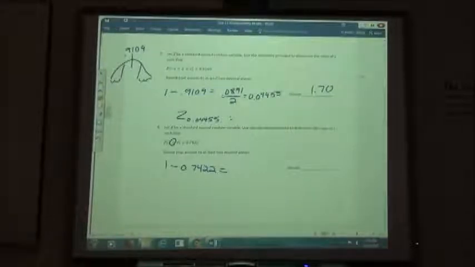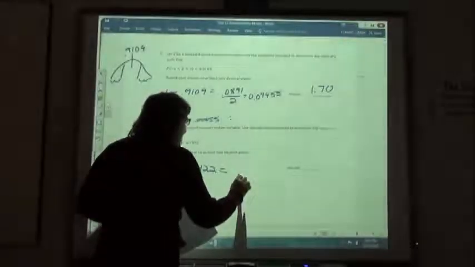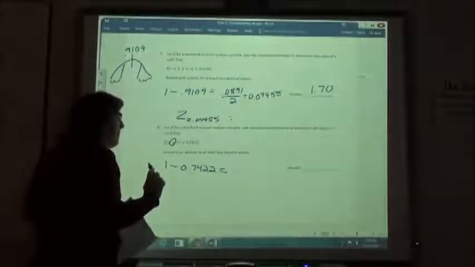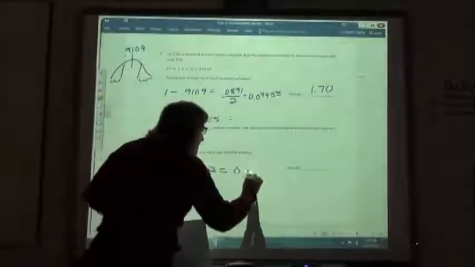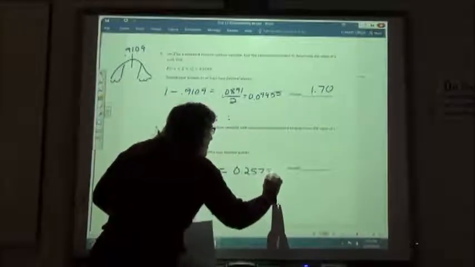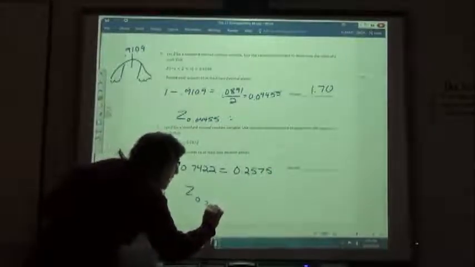So if I do 1 minus 0.7422, I get 0.2578, and then I'm going to do the z sub 0.2578.